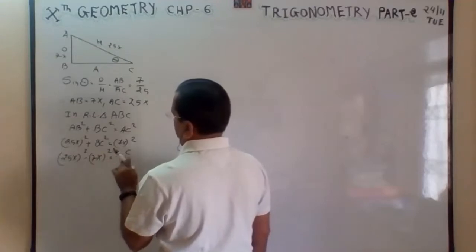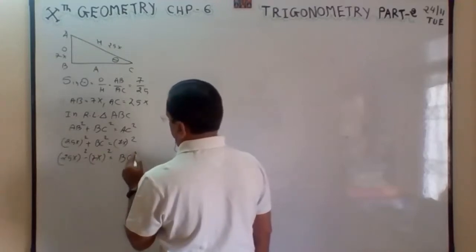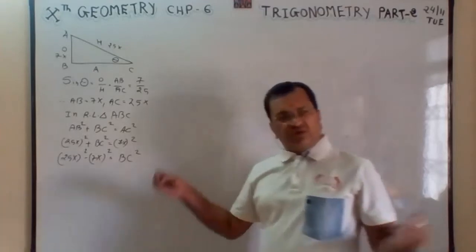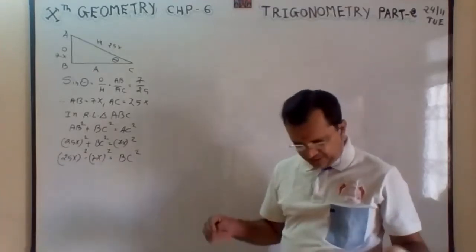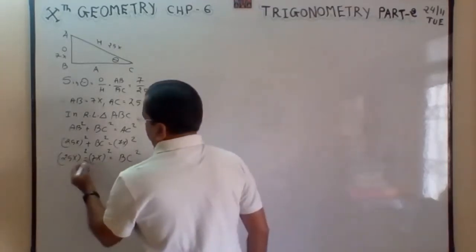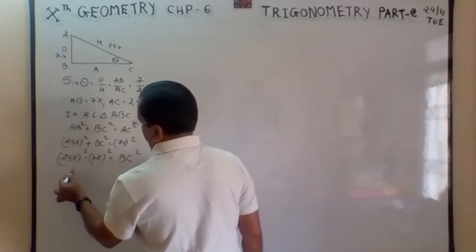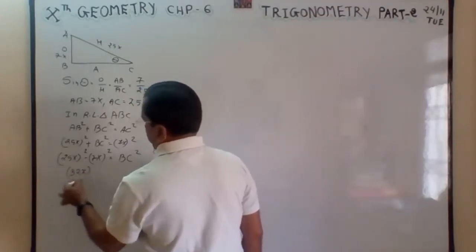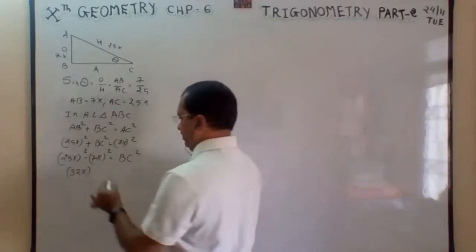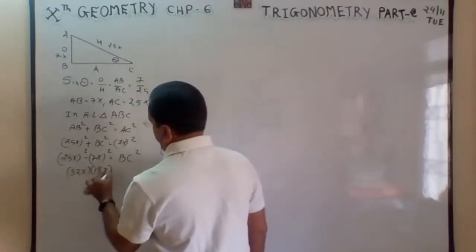When it is minus, don't do the square directly. Use a square minus b square: 1 time plus, 1 time minus. 25 plus 7 is 32x, 25 minus 7 is 18x.